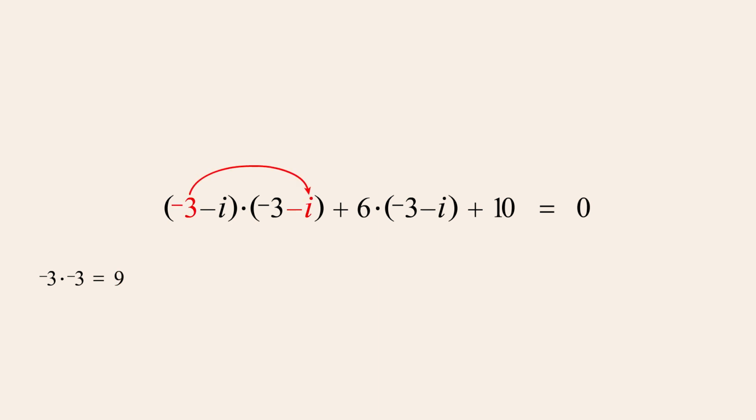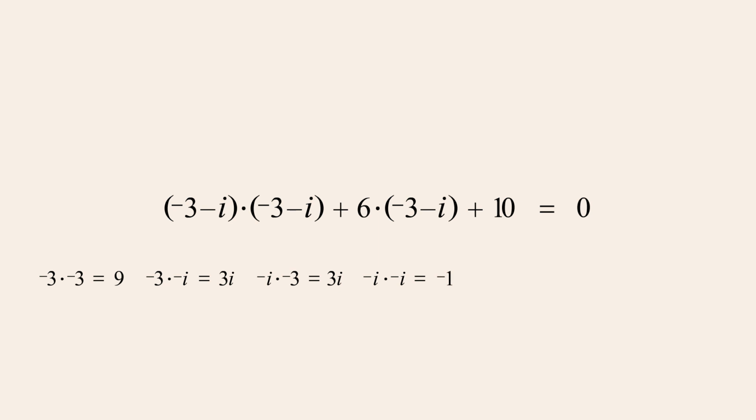And negative 3 times negative i is positive 3i. Negative i times negative 3 is positive 3i. And negative i times negative i is positive i squared, or negative 1.